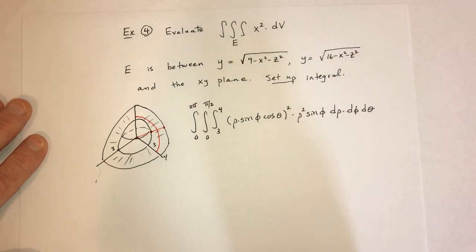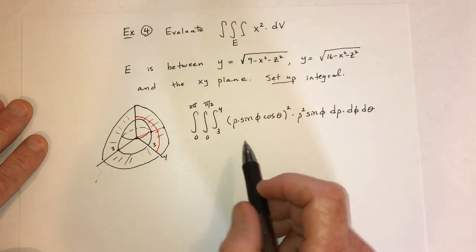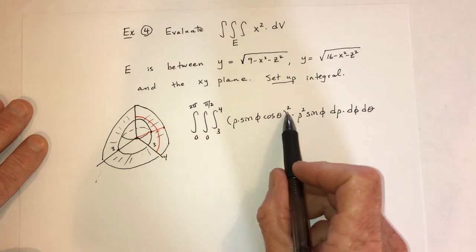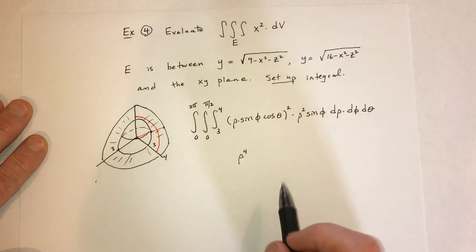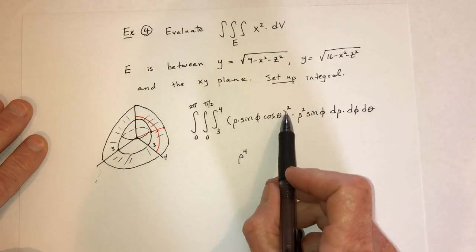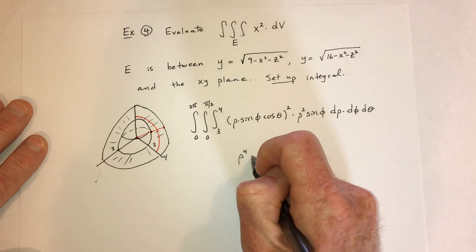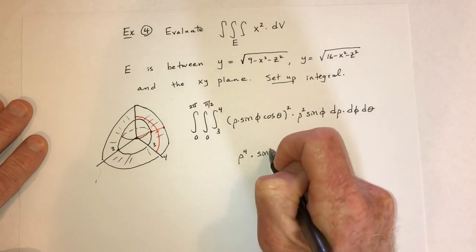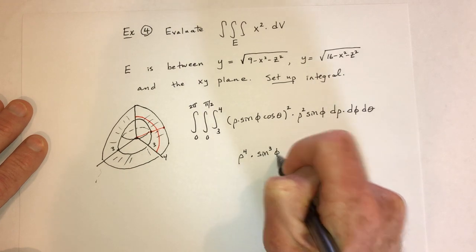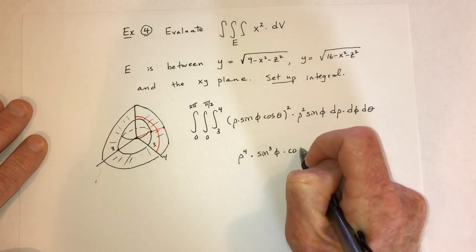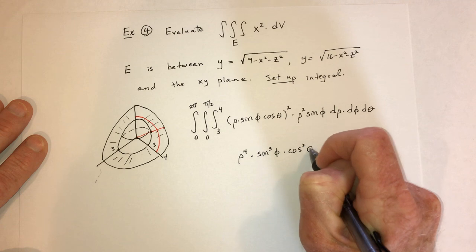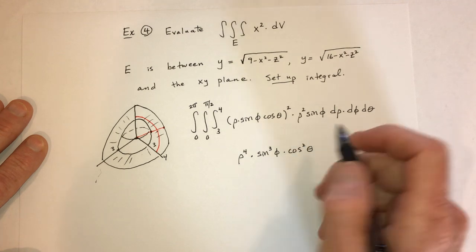So that basically sets it up, but I was just wondering, could we simplify it a little bit just for extra fun? Yeah, let's do that. So this has rho squared and rho squared, so that's going to be rho to the 4th. This is going to have sine squared and another sine, so there's going to be sine cubed phi, and this is going to be a cosine squared, and then that takes care of all that stuff.